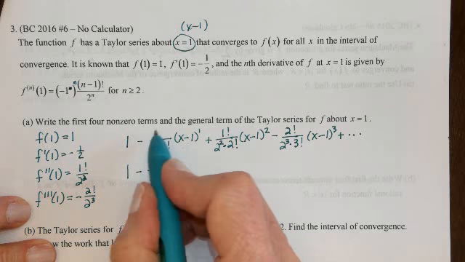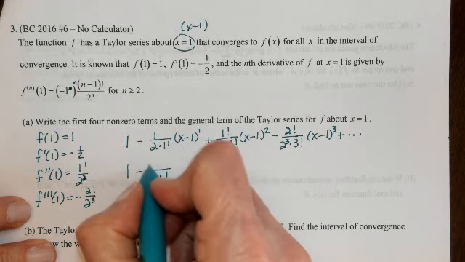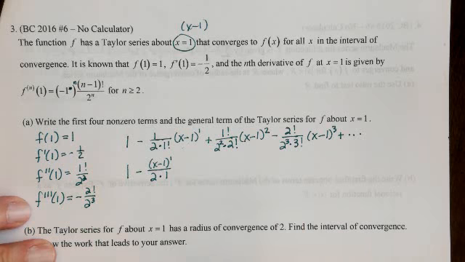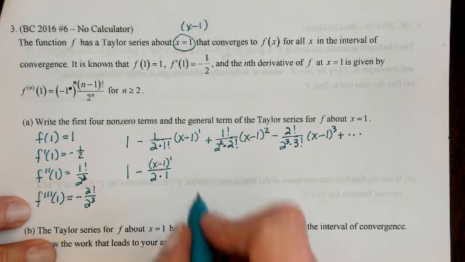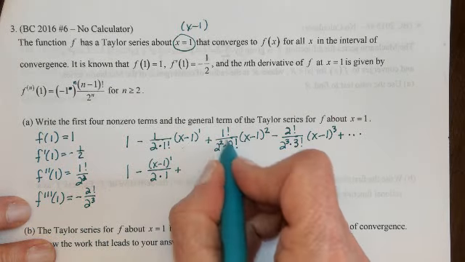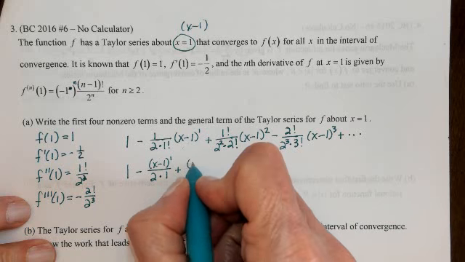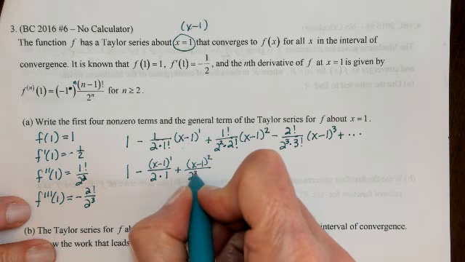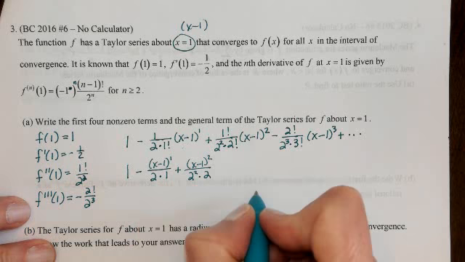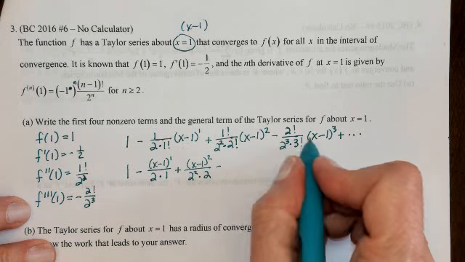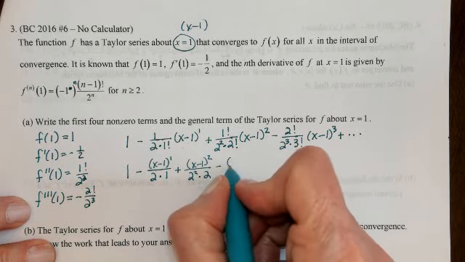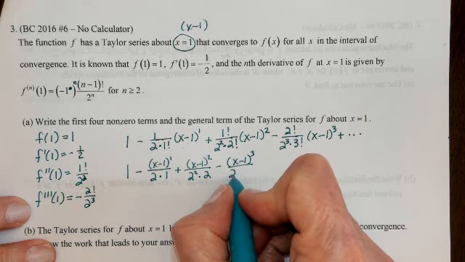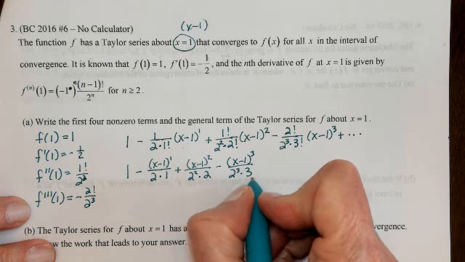Since I'm only going to be left with a 1 on top, I'm going to go ahead and move this x minus 1 to the top here. Plus, reduce. I'm going to move the x minus 1 squared on top. So I'll have 2 squared times 2. Minus, these are going to reduce. Move your x minus 1 cubed on top over 2 cubed times 3.